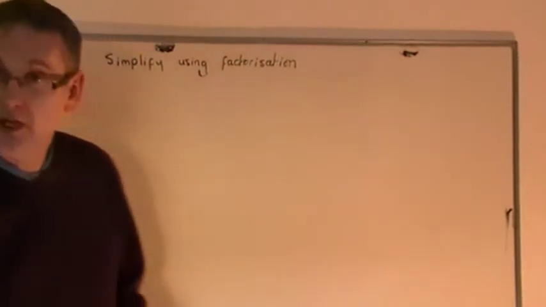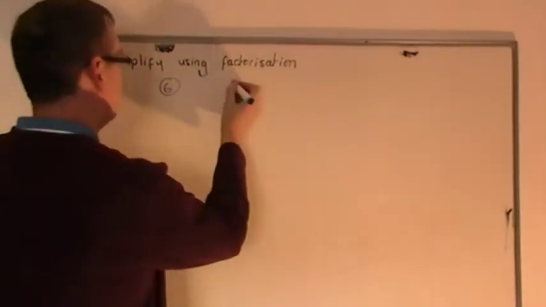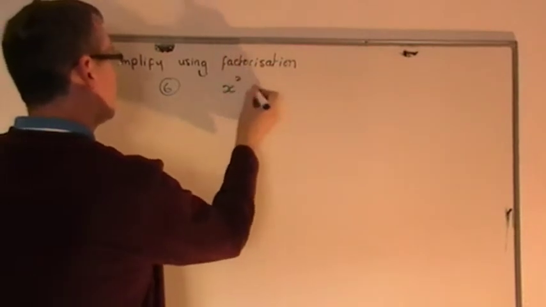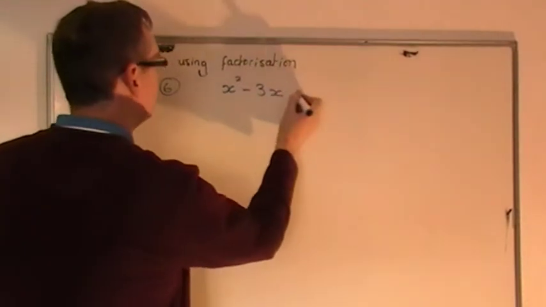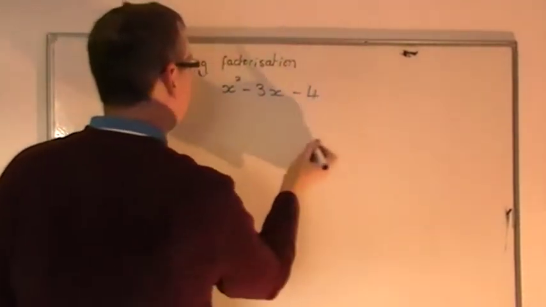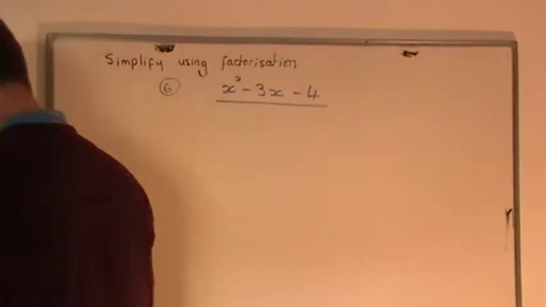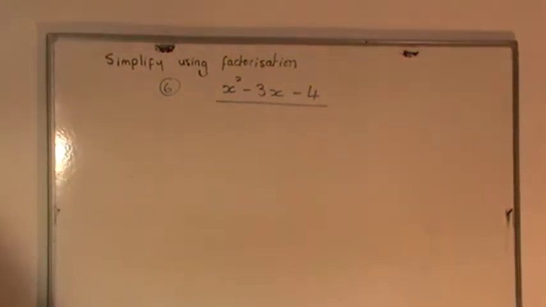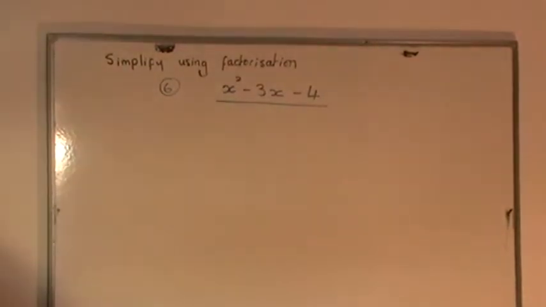Let's make this as hard as I can possibly make it. So number 6, let's say we have x squared minus 3x minus 4 on the top, and let me just do a very quick calculation to make sure the bottom line is going to work out nicely.